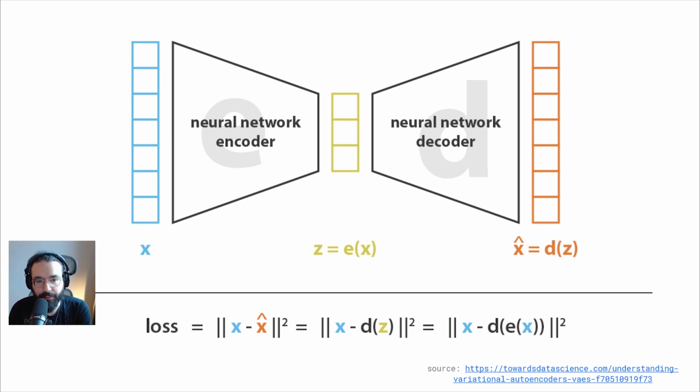Remember, this is an autoencoder, not a variational autoencoder. And the loss function here is a simple check between reconstruction and the original data. We are looking at the distance between the reconstructed data and the original data.